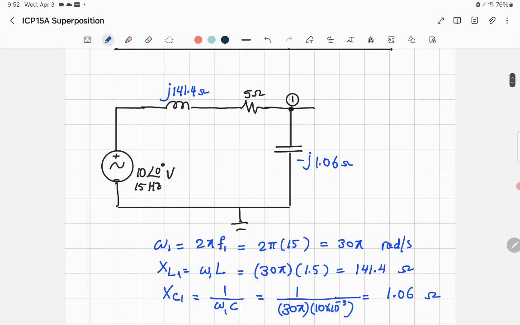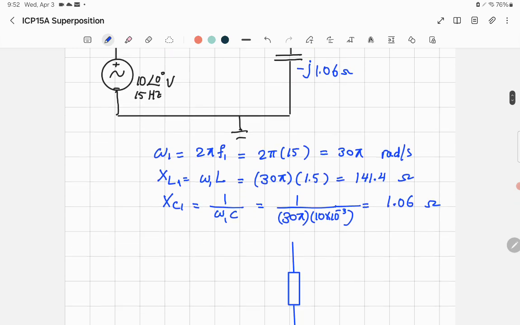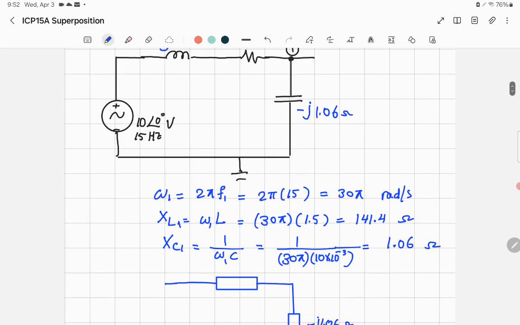It's like two impedances connected in series, so I'd like to represent it like that to make it easy. That one is the impedance of the capacitor, and I'm going to put the value, minus j 1.06 ohm, and the other impedance consists of the resistance in series with the inductance.